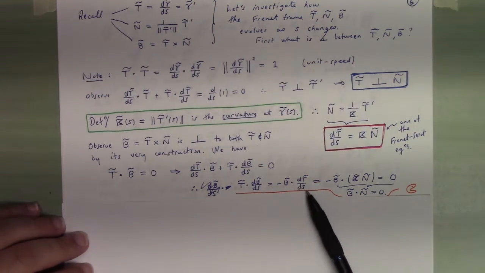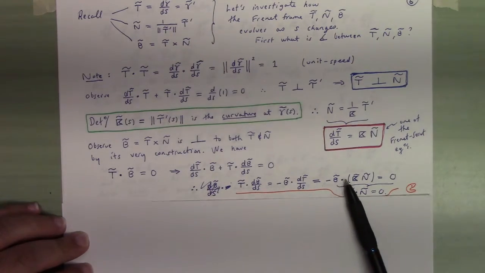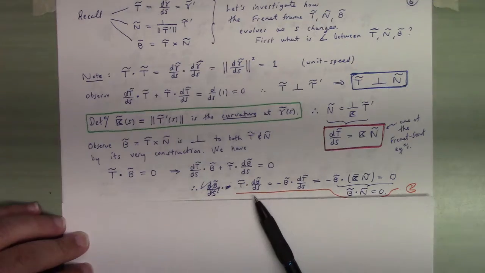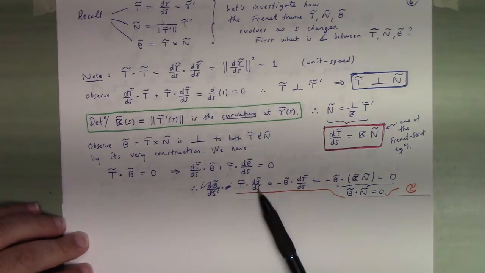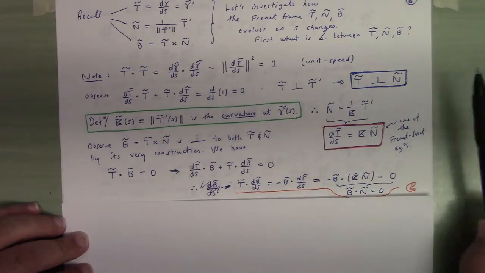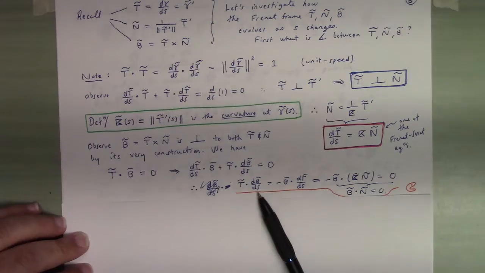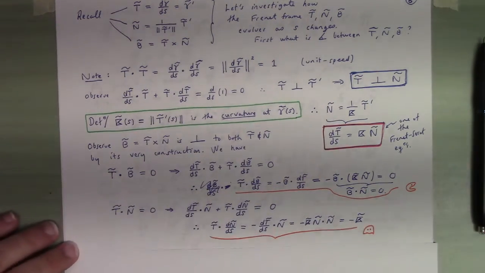But remember, t prime is kappa n tilde, and b dot n tilde is 0, which shows me then, for one thing, that t dot b prime is also 0. In other words, there's no tangent component to the change in the binormal vector.